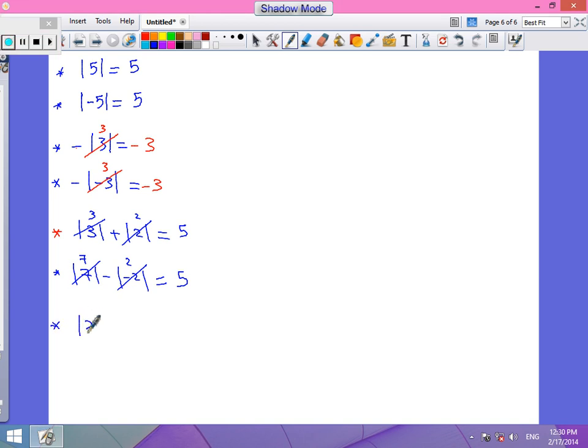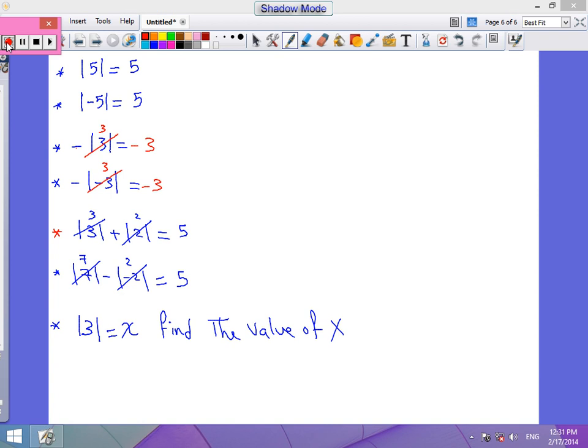And if we have the absolute value of 3 equals x, find the value of x. As we said before, the absolute value of any number gives the same number with the positive sign. Then x will be 3. Okay?